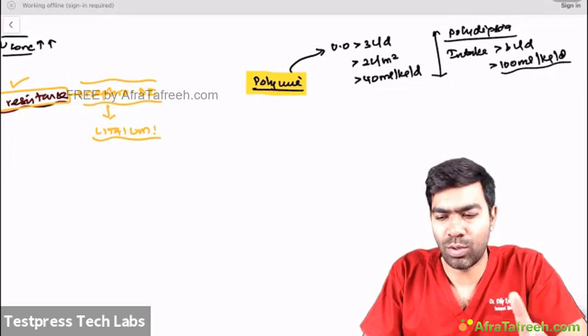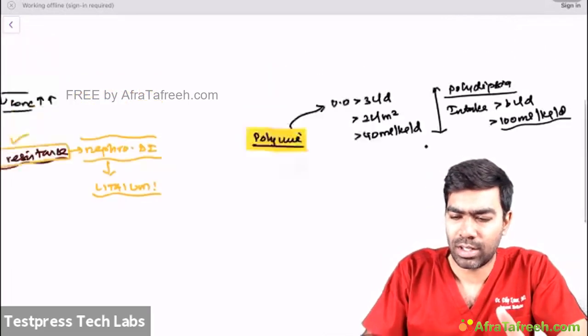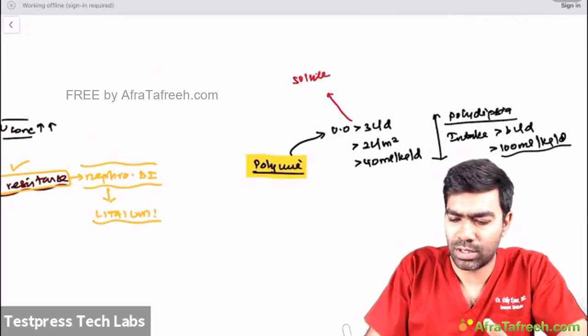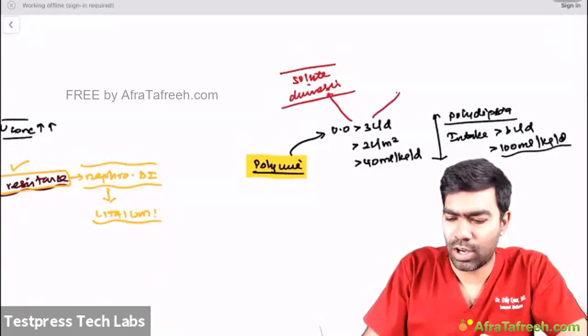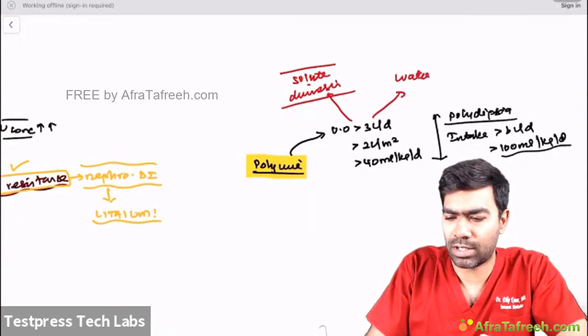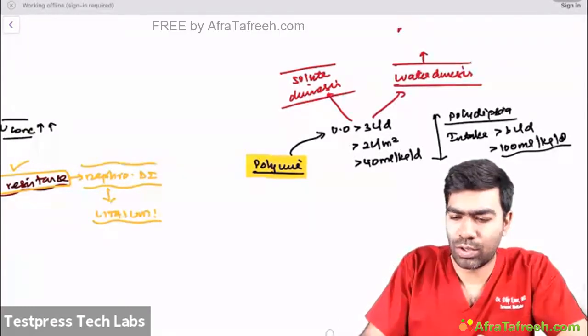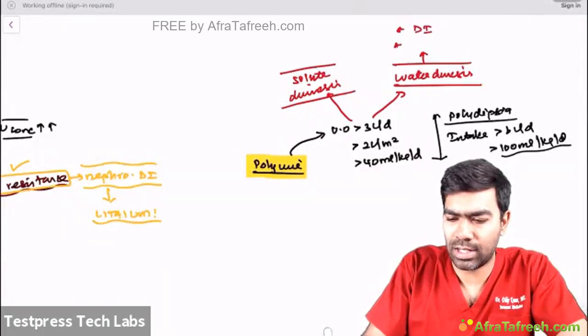Remember, there are basically two causes of polyuria. Whenever there is polyuria, there are only two options. Either it is a solute diuresis, where because of excessive solutes you are producing more diuresis, or it is a water diuresis. But trust my words, there are only two causes for water diuresis: one is diabetes insipidus, another is psychogenic polydipsia.